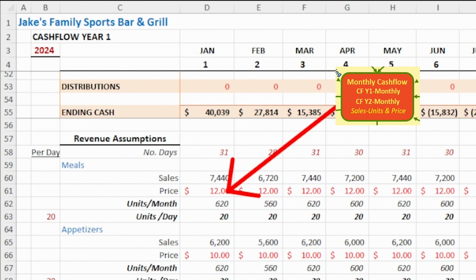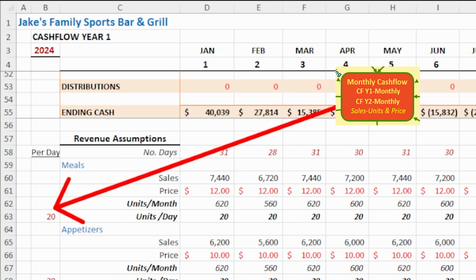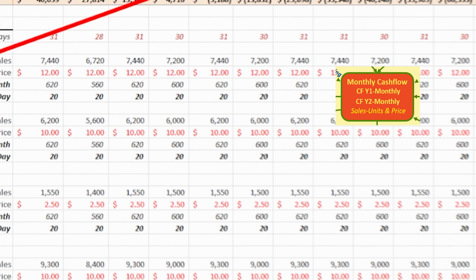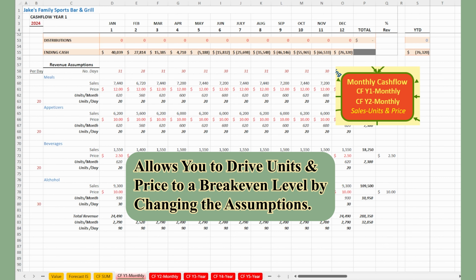Here's the price and the number of units. Here's the number of units that you expect to sell for each of these products monthly. This feature allows you to drive unit and price for products to a break-even level by changing the assumptions.